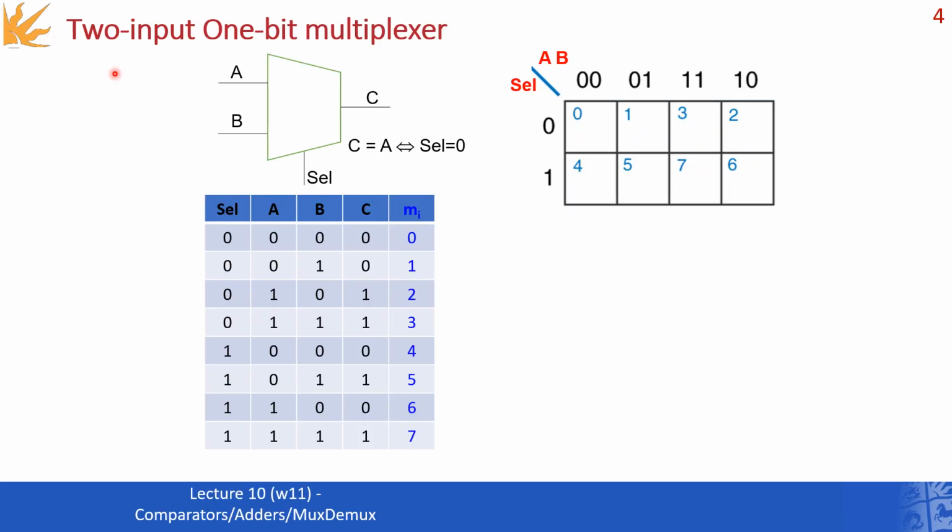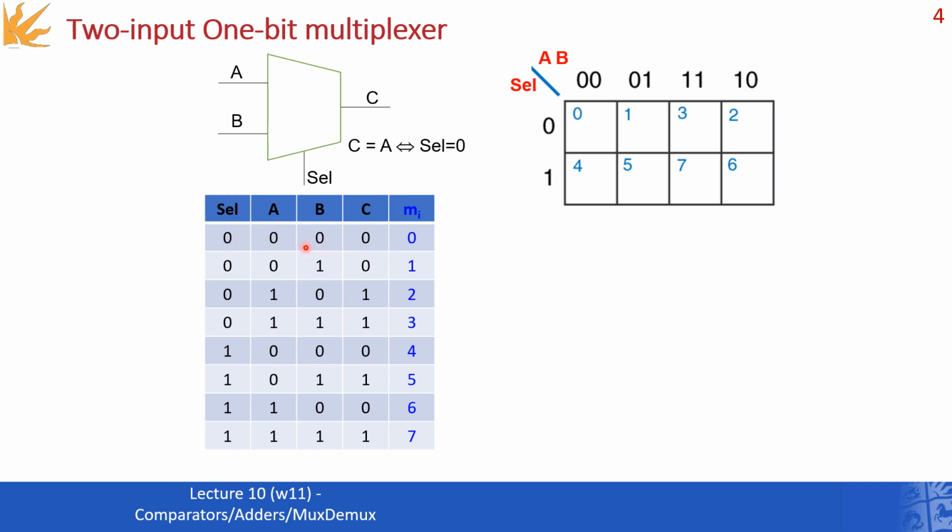But even the most simple case of a multiplexer, the one that we defined in the previous slide, needs a little bit more lateral thinking. So again, we see here that we got a 2-input, 1-bit multiplexer. This would be the truth table, which would include the 1 bit for the selection, the control, inputs A and B, and the output C here.